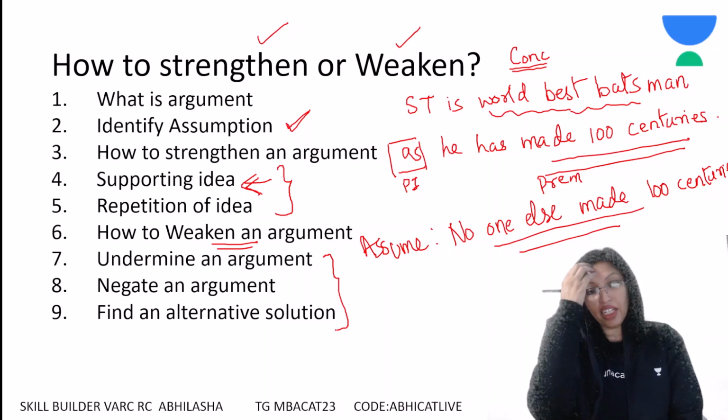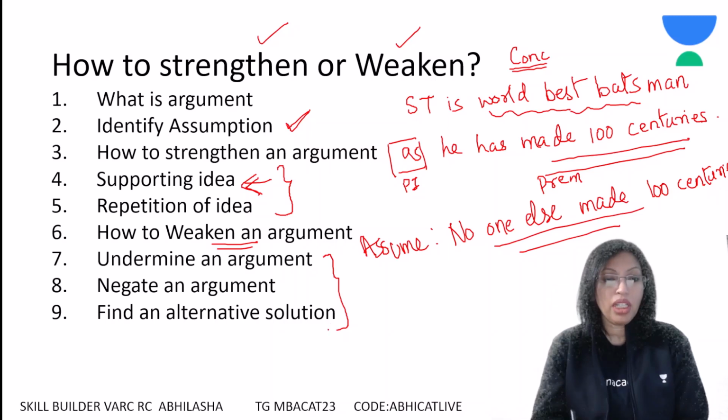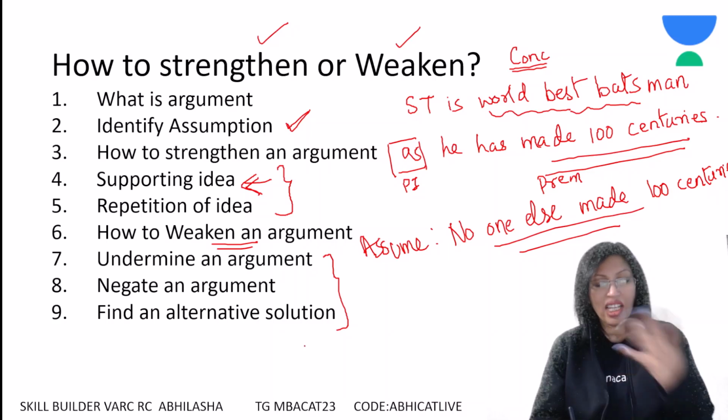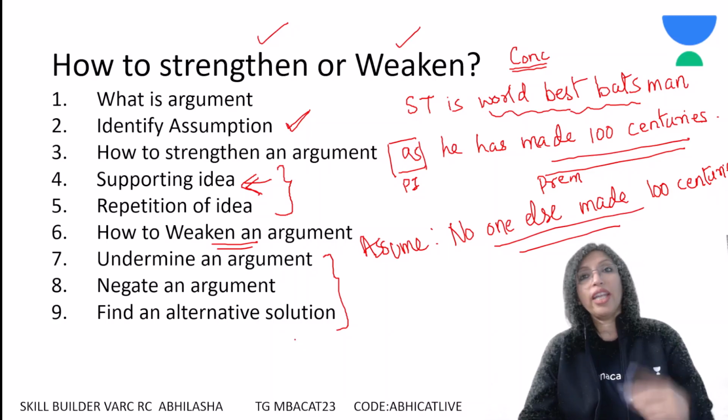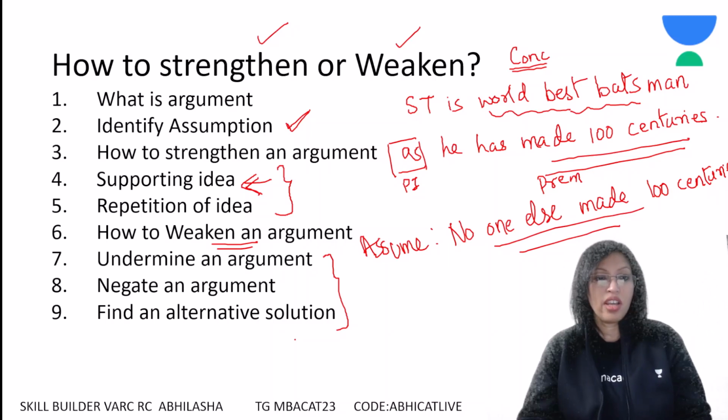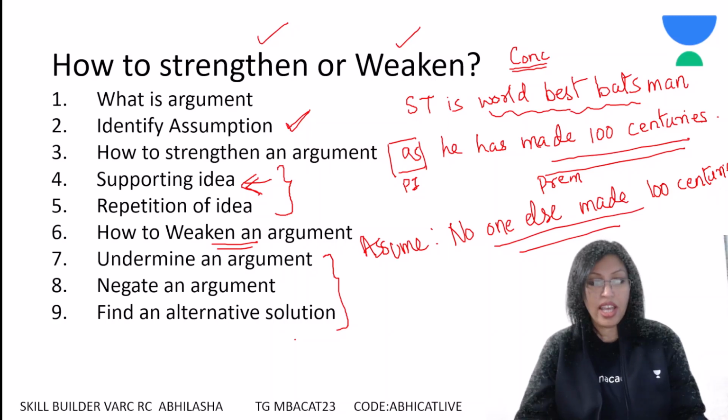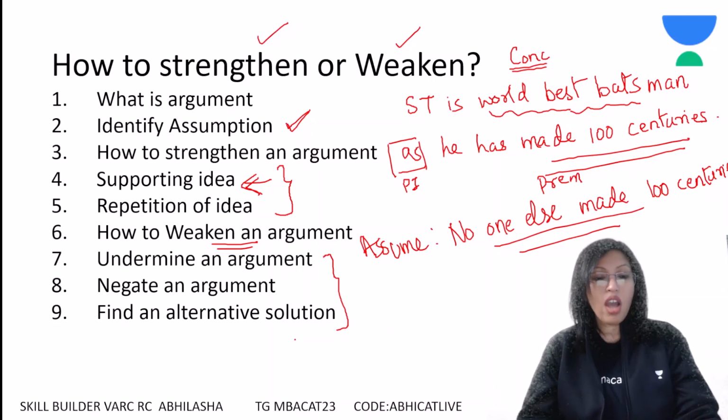You could just negate the argument, or you could find an alternative solution which will weaken the argument. When you are weakening the author's conclusion, you could directly say, hey, this is false. You could find a different answer, a different conclusion or a different argument, and that would work too.